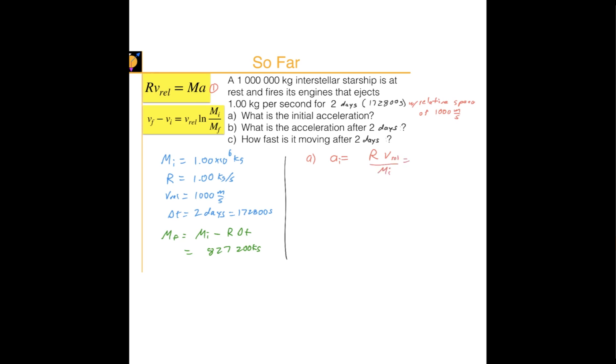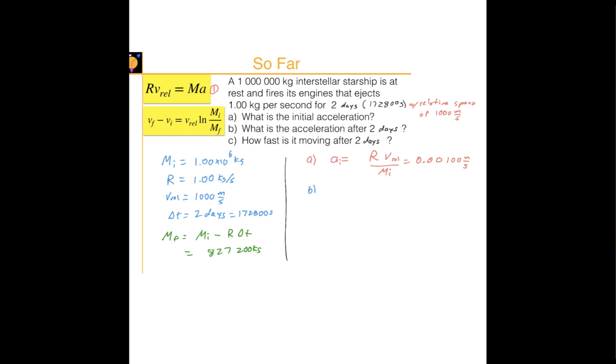When you plug in everything, r is 1, m is 1,000,000, V relative is 1,000. We get that the initial acceleration is about 0.00100 meters per second squared. So it's not a very large acceleration. I mean, this is a 1 million kilogram starship, so it's going to take a while to get it going.